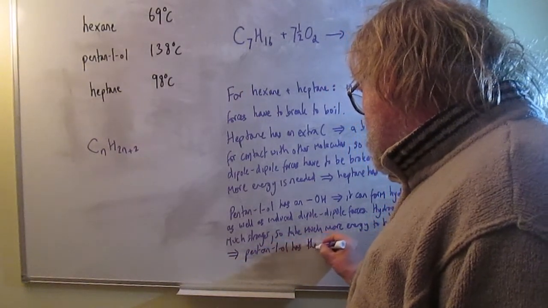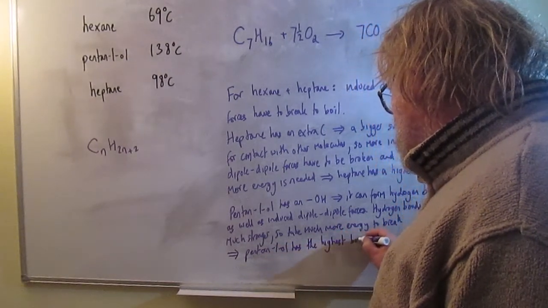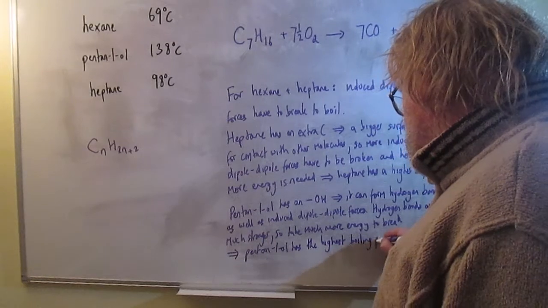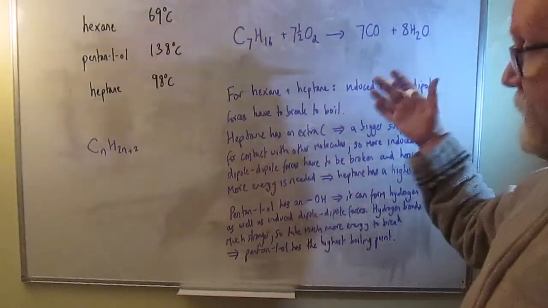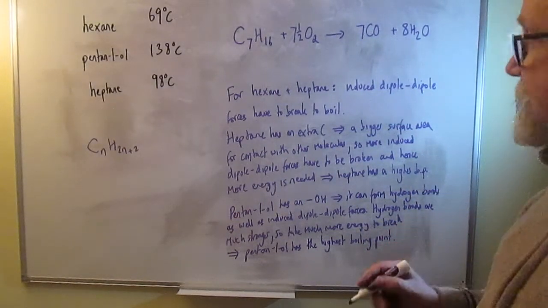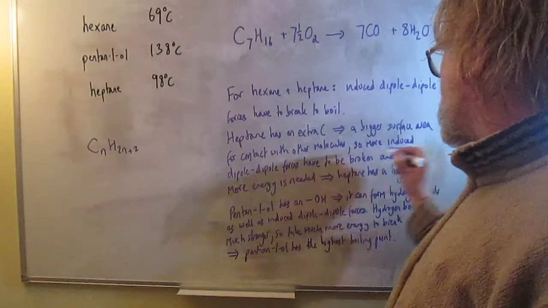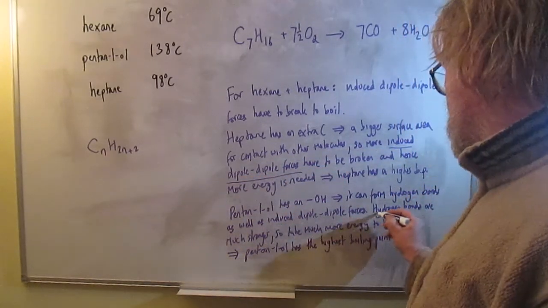So you can see you have to be quite thorough, but it doesn't mean you have to write absolutely tons. It's not a sort of one-line job. You have to really spell things out fairly thoroughly. Make sure you've mentioned the kinds of forces being broken. So you've got to have induced dipole-dipole forces in there. You've got to have hydrogen bonds in there.